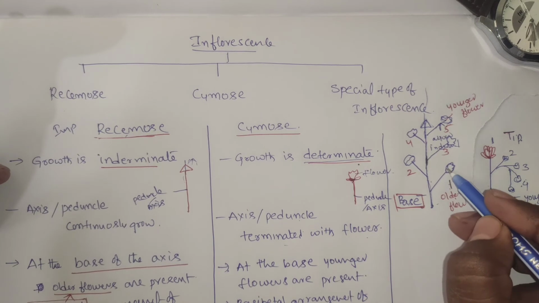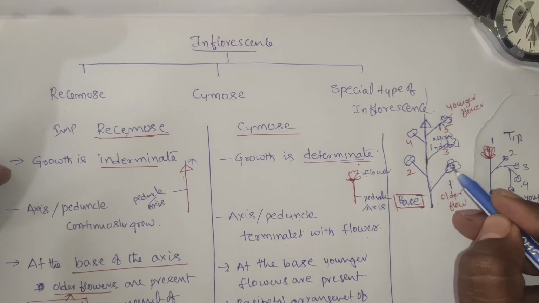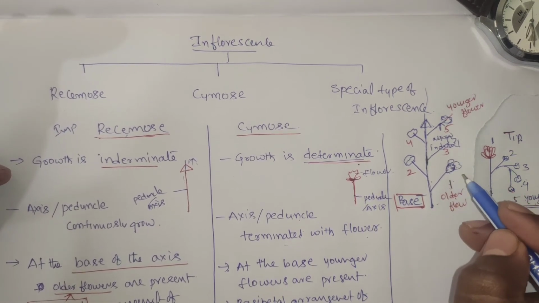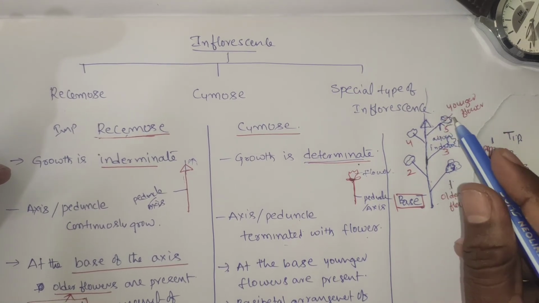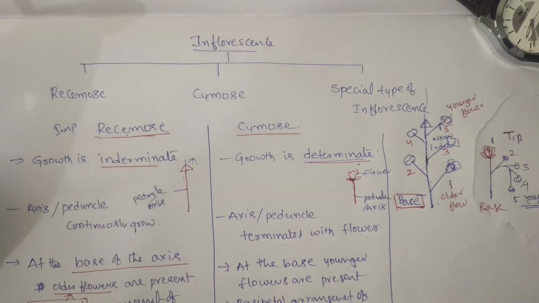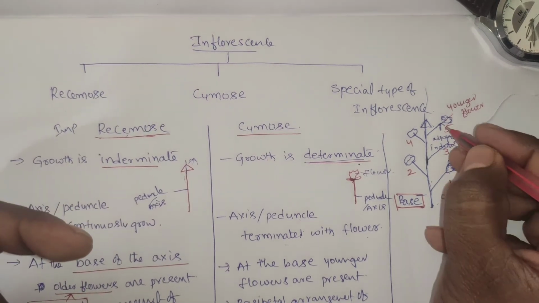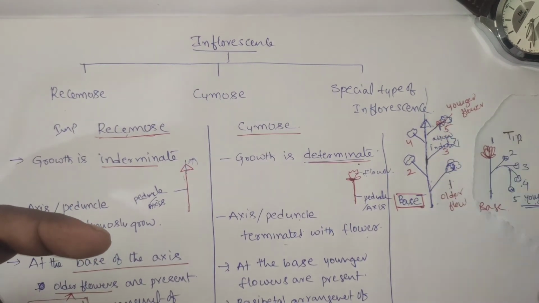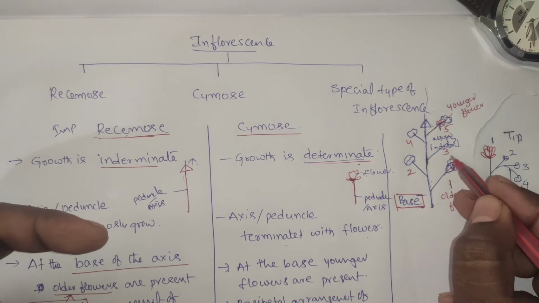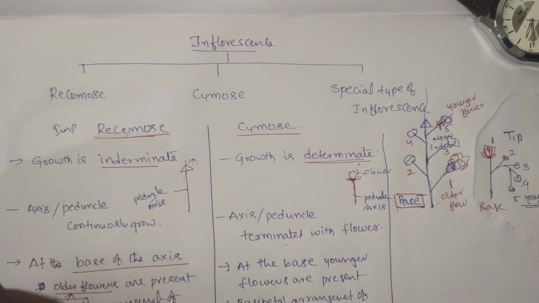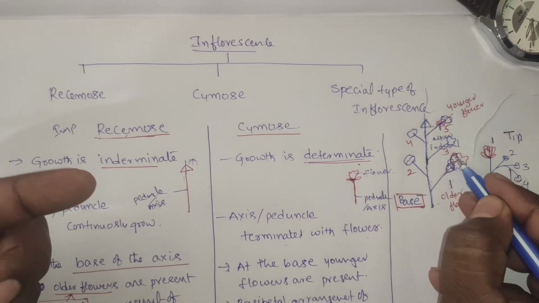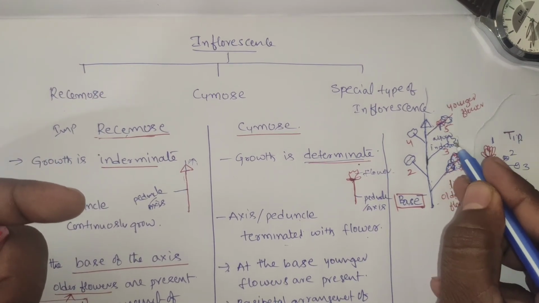The first opened flower is the older flower. Older flowers open first, and later on the younger flowers open. Now let us see. This is the younger one and this is the older one. Look here, this flower is opened, and later on this flower is opened.